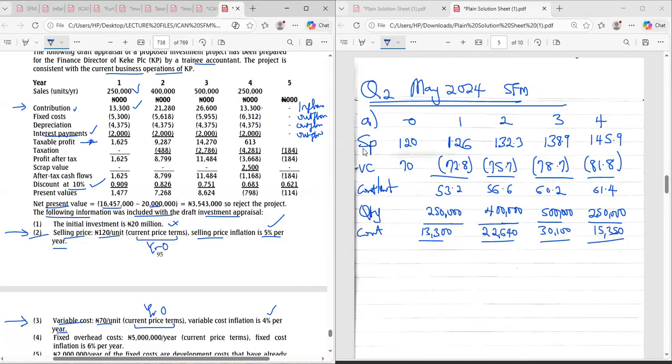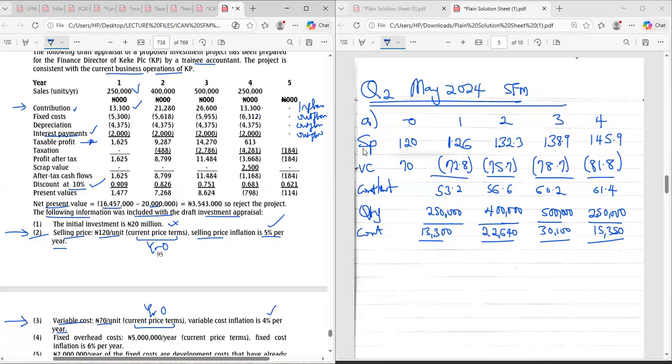Comment 1: Inflation was wrongly applied to selling price and variable costs in calculating contribution.